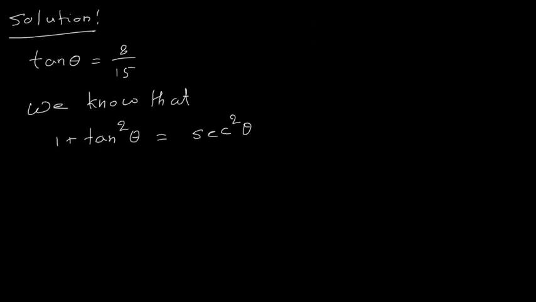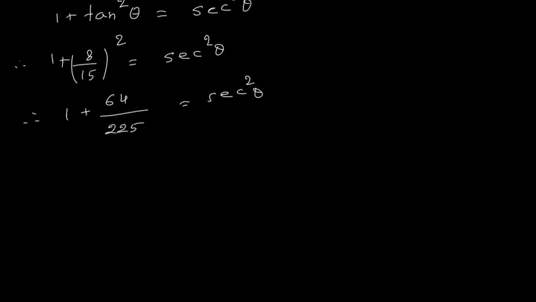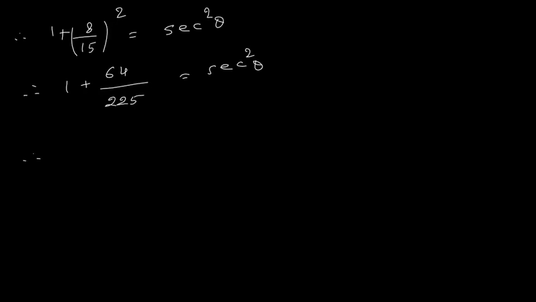So therefore I will say that 1 plus (8 upon 15) the whole square is equal to sec square theta. So therefore it is 1 plus 64 upon 225, which is equal to sec square theta. Now we will cross multiply, so it is (225 plus 64) whole divided by 225, equal to sec square theta.